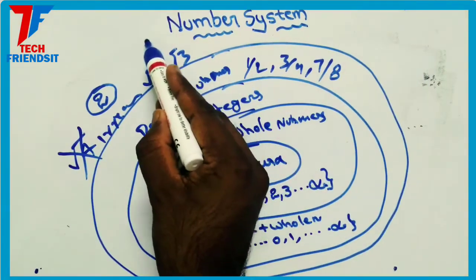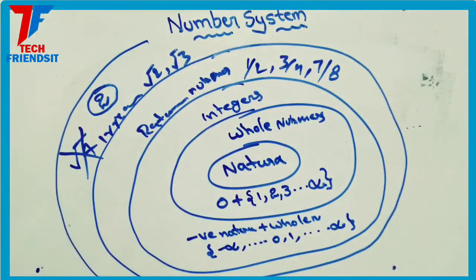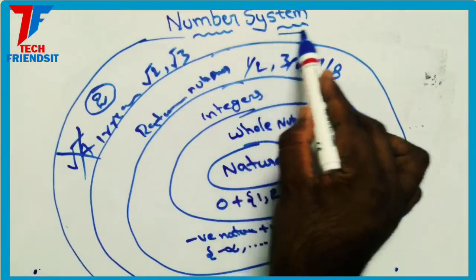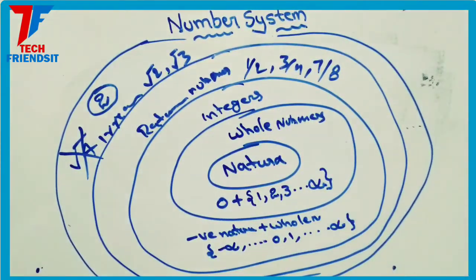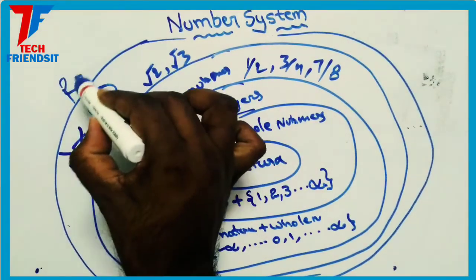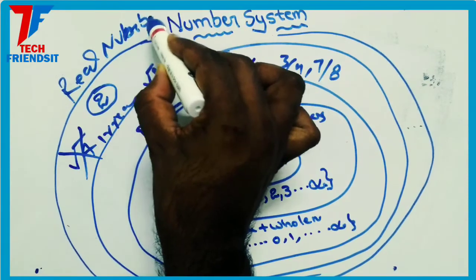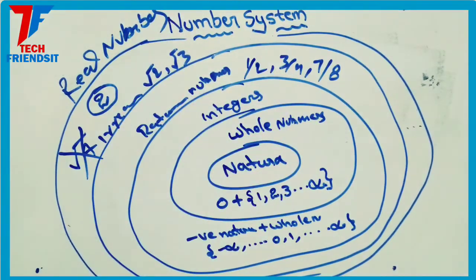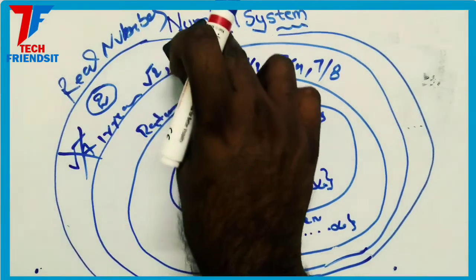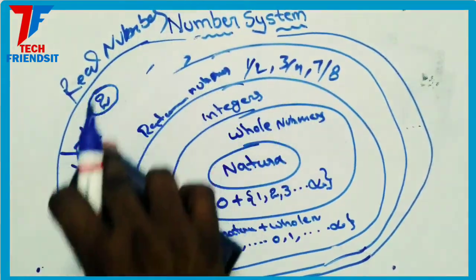Next, real numbers. All these numbers are called real numbers. Sorry, in this diagram we will remove this irrational.